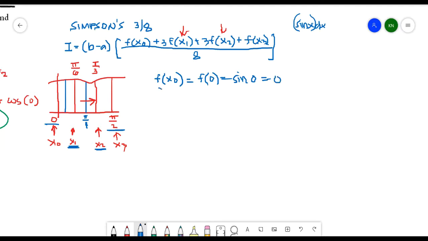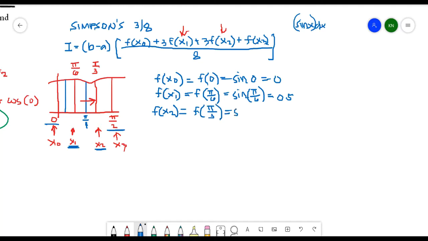And we also have f of x sub 1, which is equivalent to f of pi over 6, which is equivalent to sine pi over 6. That is equivalent to 0.5. And f of x sub 2, which is equivalent to f of pi over 3.